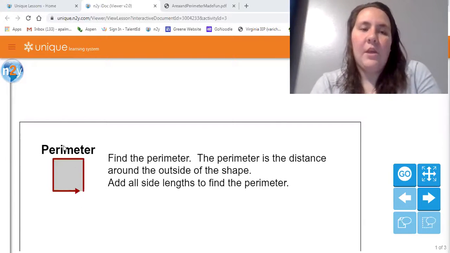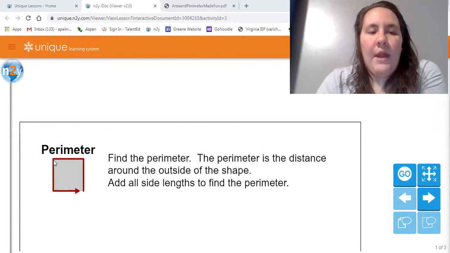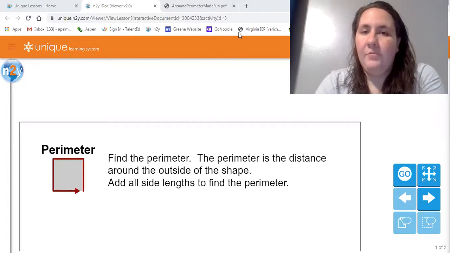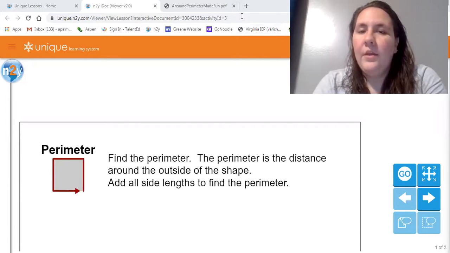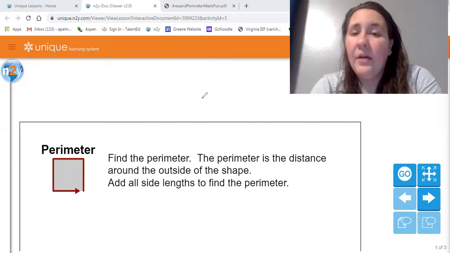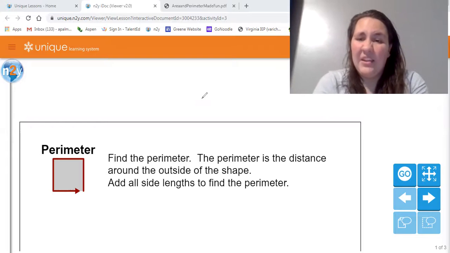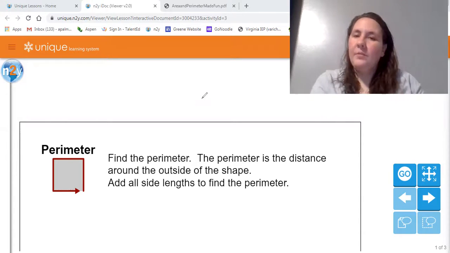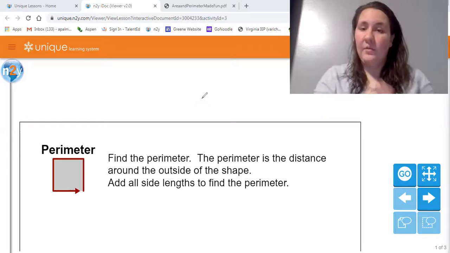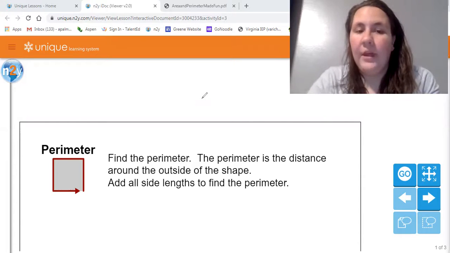So if you look at this shape over here where my white arrow is, perimeter goes all the way around the outside of an object or a shape. And we use this to figure out when we're maybe building a fence or a playground and we need to know how many materials we need to build it. We would use perimeter to figure out the distance, so how long it is, so I know how much I need to buy to build it.